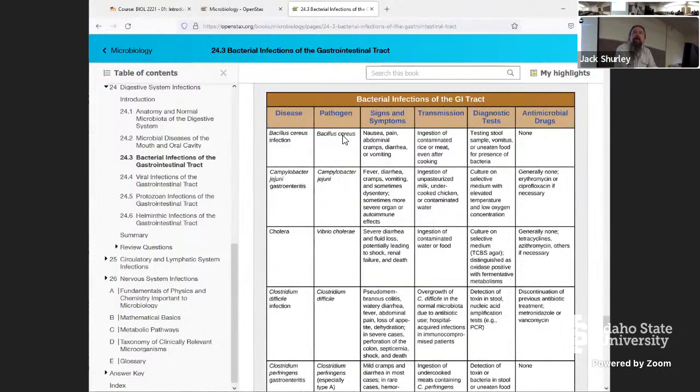I think we used these guys when we did our gram staining way back, all right? Bacillus cereus is something that, again, can form spores, and it can be on rice, meat, or some other products, but rice dishes are pretty common, all right?